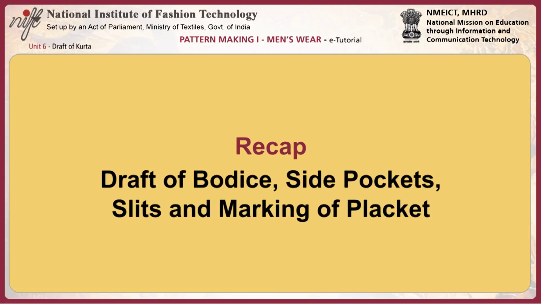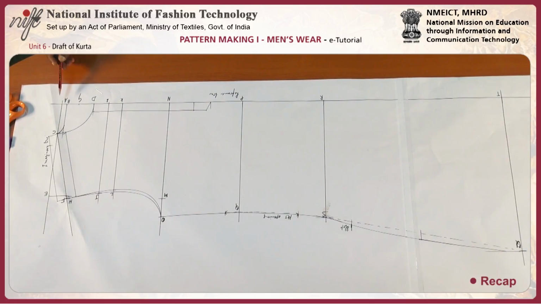Now let us recap the entire draft of this kurta. I started with drafting the front and back neckline, that is point A to B 1.2 centimeter, which is the back neck draft. Then A to C is 1/6 of neck plus 1.2 centimeter.